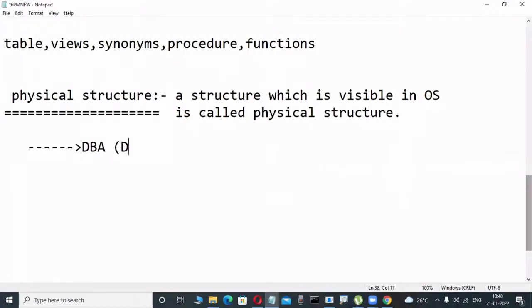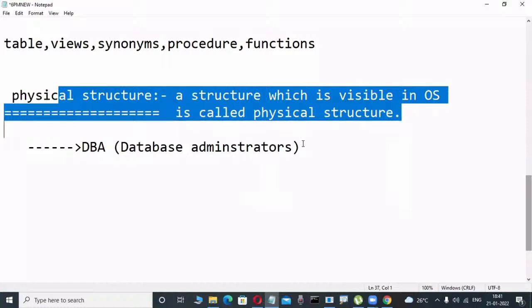In a project, database administrators are some other type of persons in a database. Those database administrators only work in the physical structure.